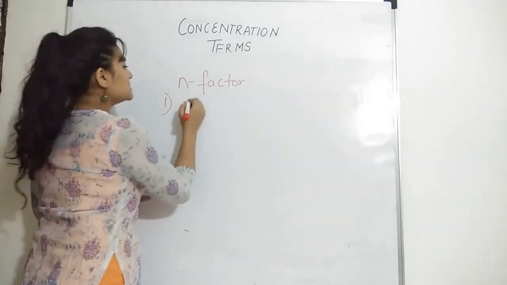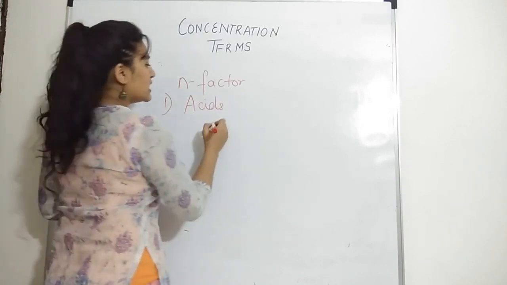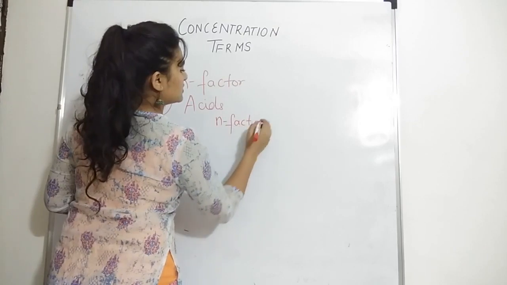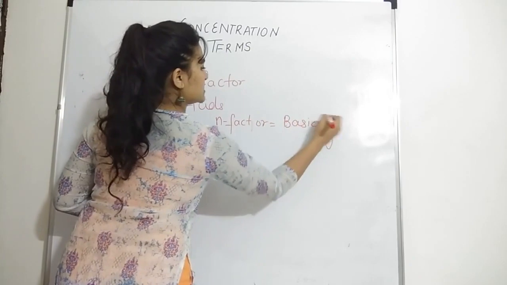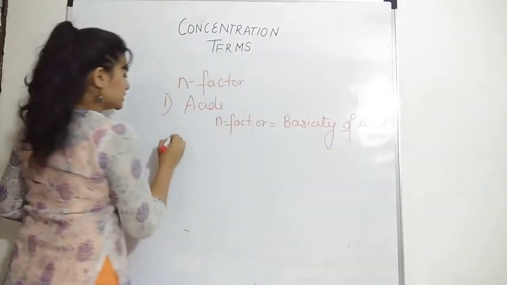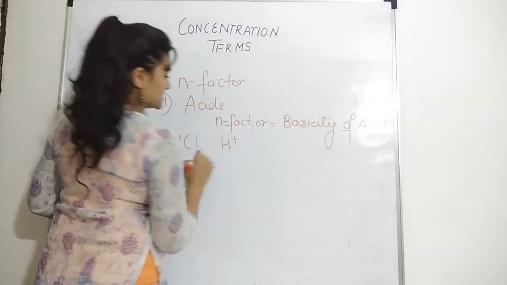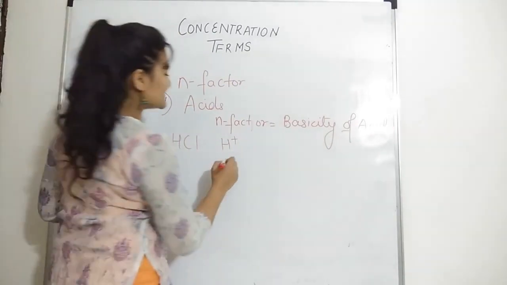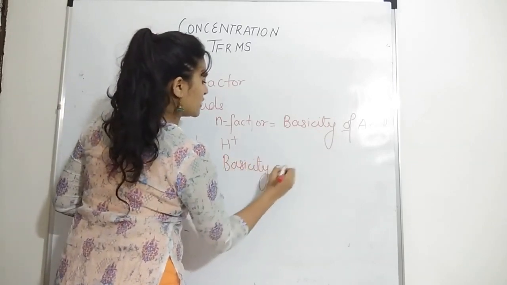Let's find out. First, for acids. Now for acids, it's the basicity of that acid. Basicity of acid. Example, you have HCl. Now it releases only one H plus ion. So it's a monobasic acid. So its basicity is 1.